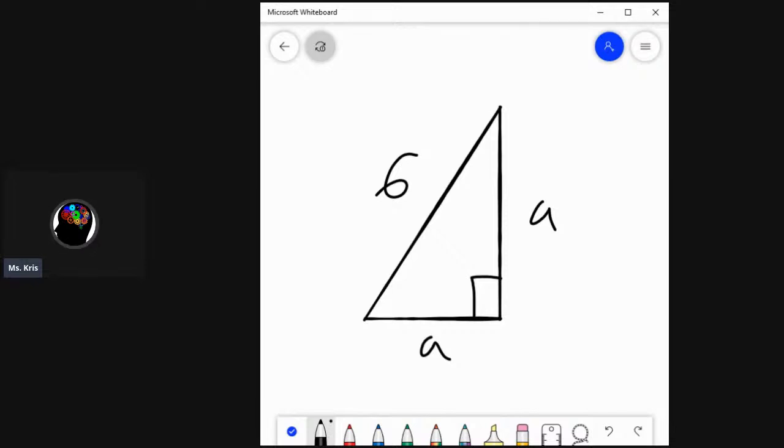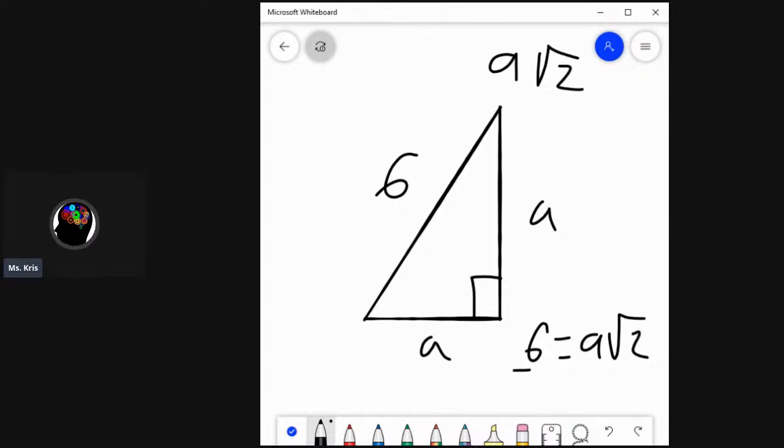So, how do I find that side? Well, if the hypotenuse by definition is a times the square root of 2, then we can easily say 6 equals a square root of 2, because that is the definition.